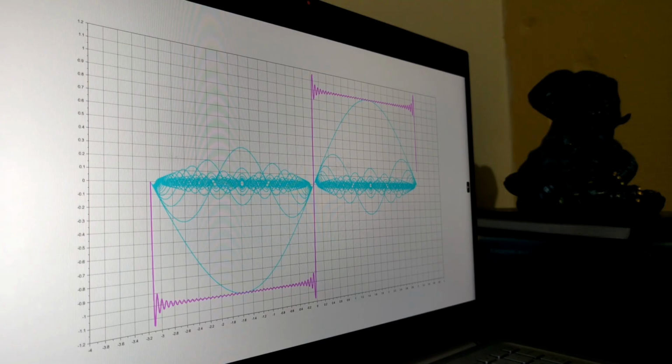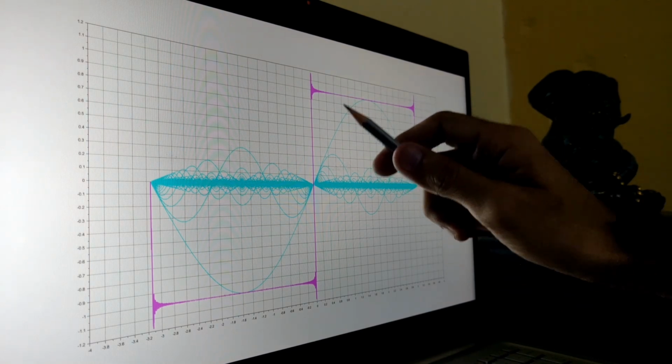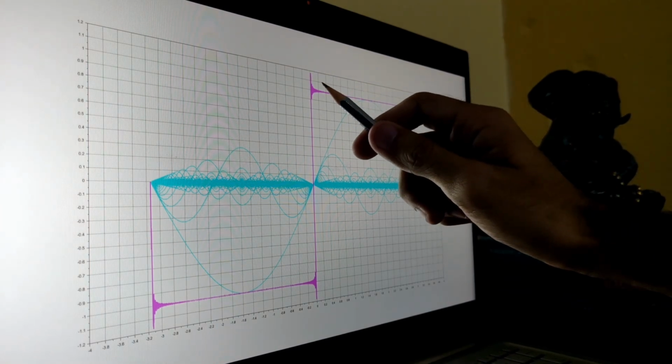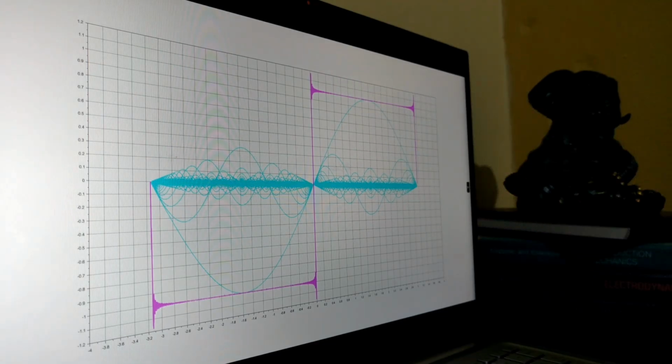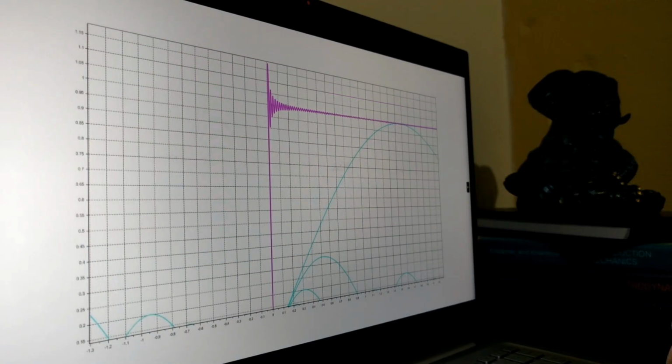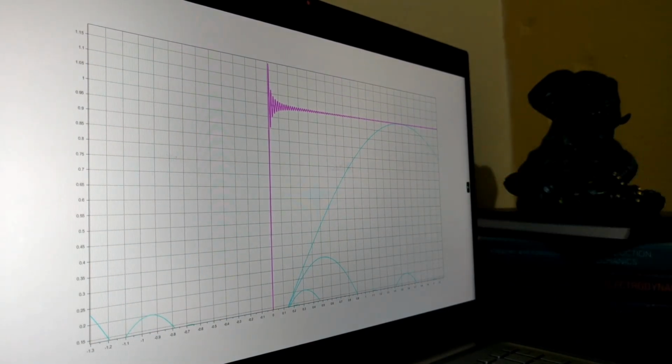Now let me add more terms. There you have it. It becomes better. Now let me zoom in here, and I want to show you that I am still having oscillations there. And so look, still oscillating.